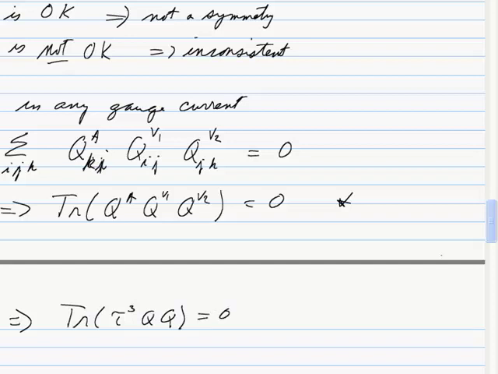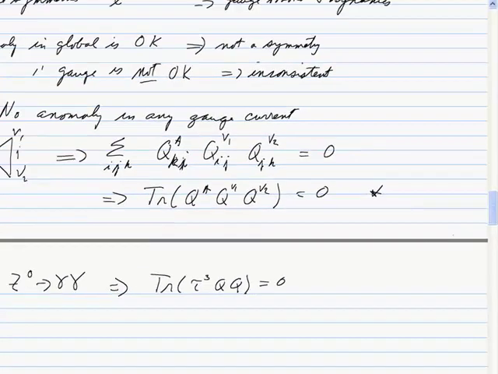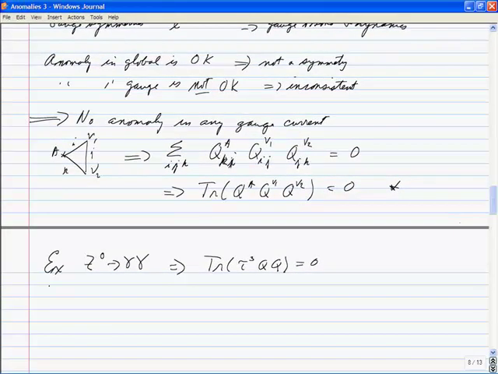What does that mean? Well, in our doublets, the doublets are going to be up, down, neutrino, electron.